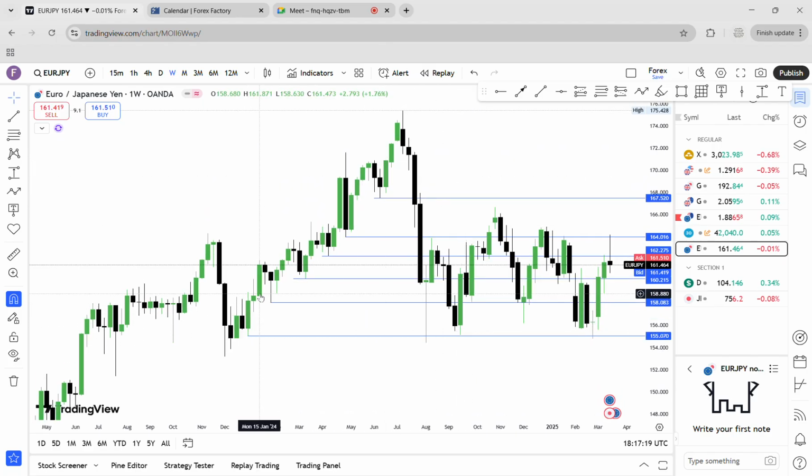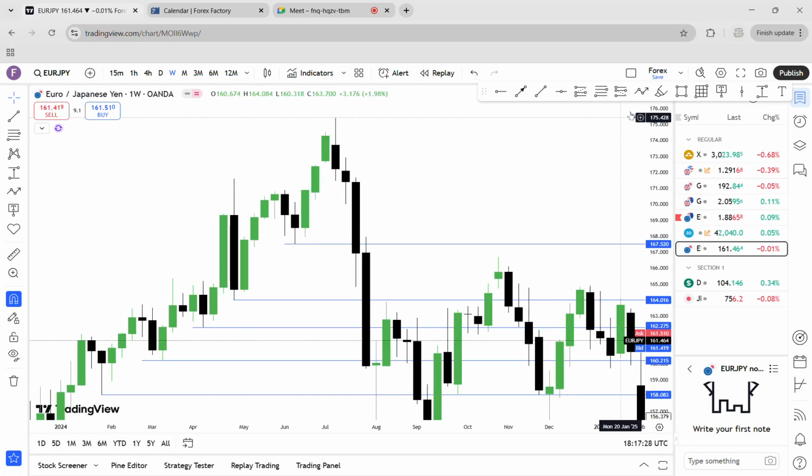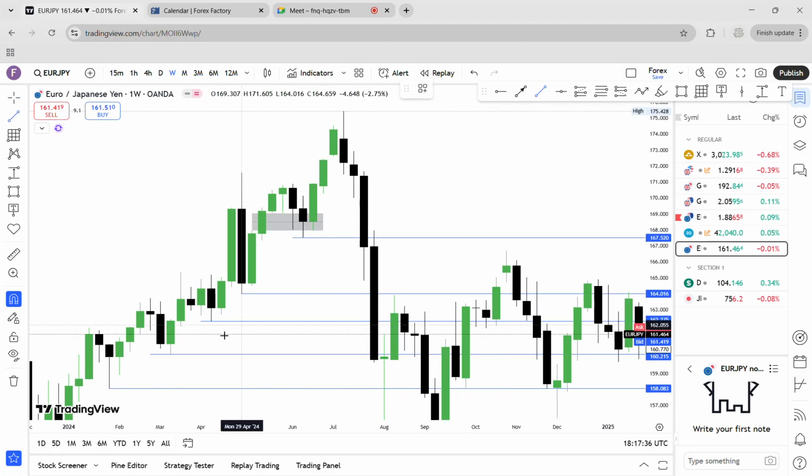You can see there was no inefficiency while we were going higher. So automatically this market was balanced while trading higher. Right here, what do you see? We use this inefficiency to push price higher. Did you see any inefficiency here? No. So we use this other block to push price higher.